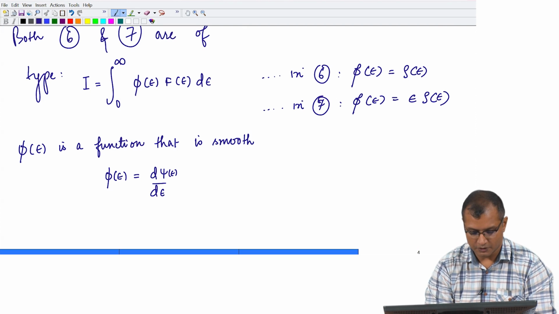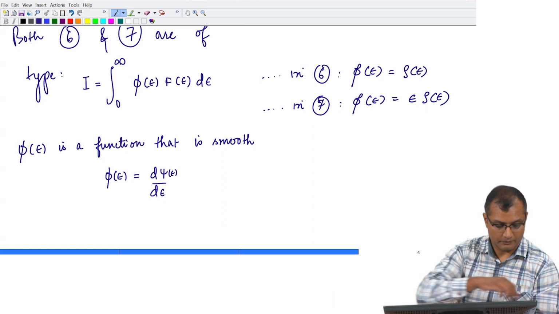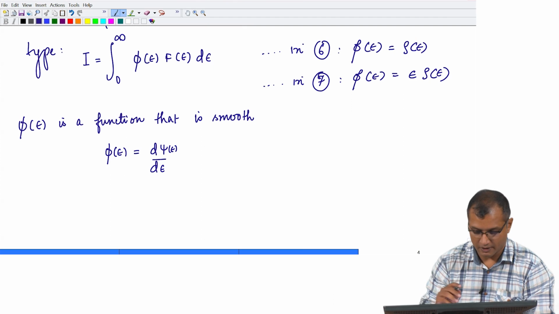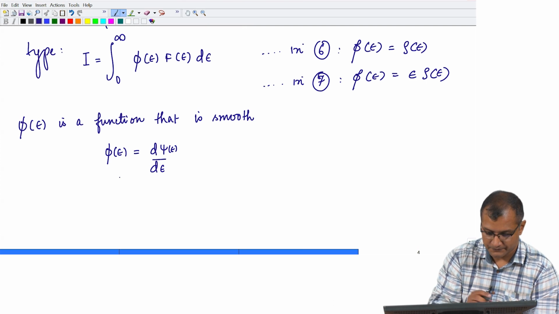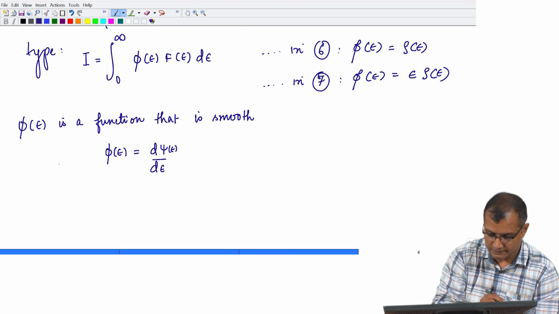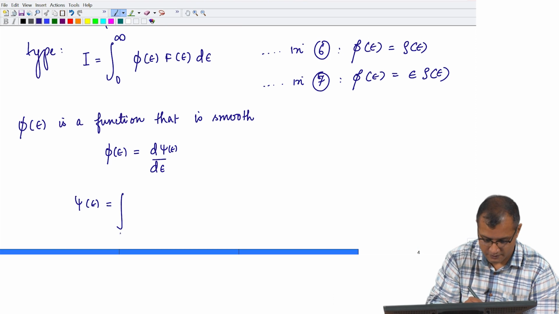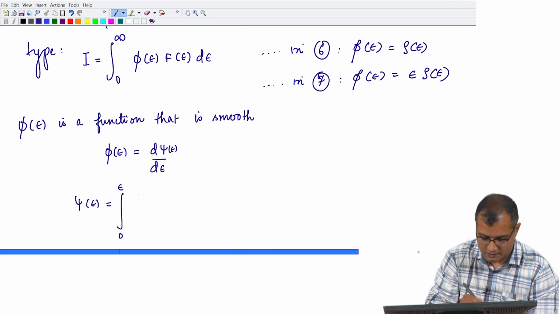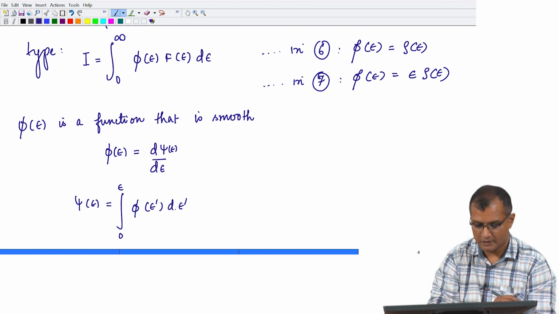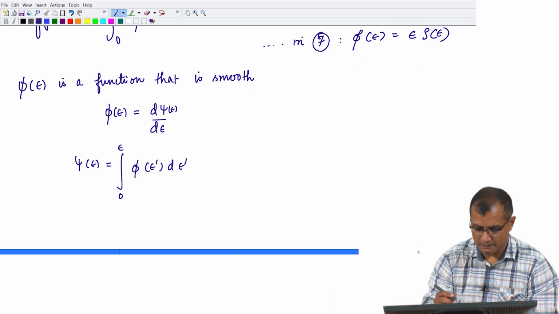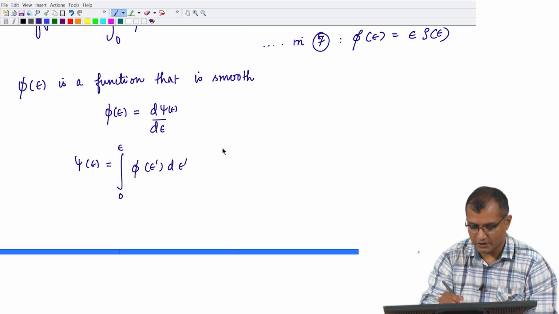In this way I can write down the function psi as an integral of this function phi of E. If you look at this, this is just by the fundamental theorem of calculus.